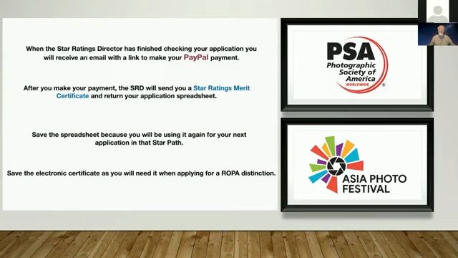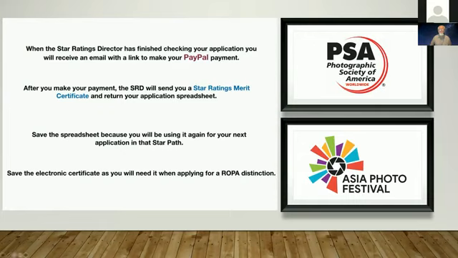When the Star Ratings Director is happy that your application is complete and correct, and you satisfy the requirements for the star rating you applied for, they will send you a link so that you can make your payment by PayPal. You have to pay for each star rating.